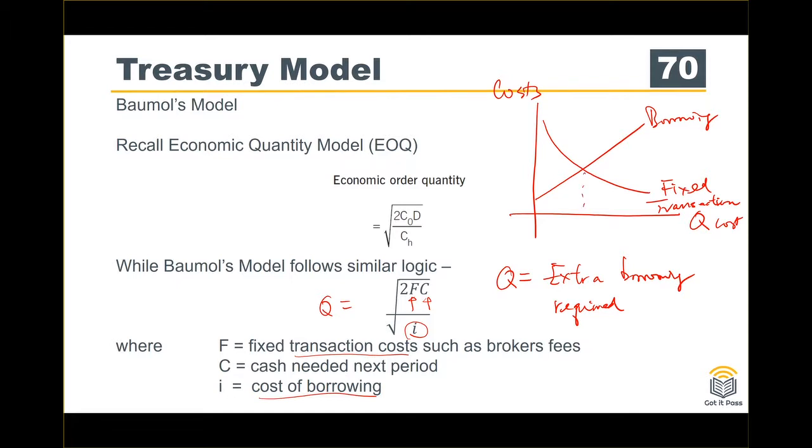Here Q star is your extra borrowing required based on the transaction cost and the cost of borrowing. For the cost of borrowing, when you increase the total borrowing money, the cost of borrowing will increase. But the fixed transaction cost is reduced when you increase your borrowing, because the fixed transaction cost is, for example, per borrowing.